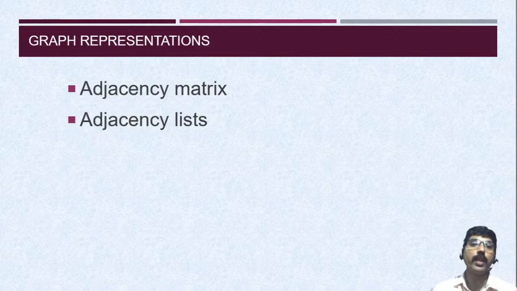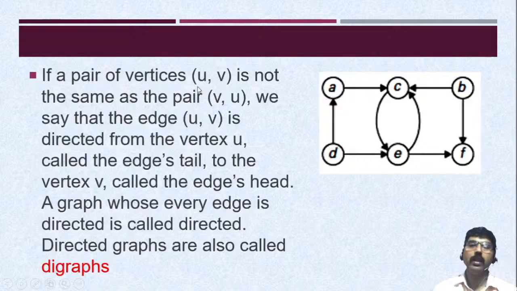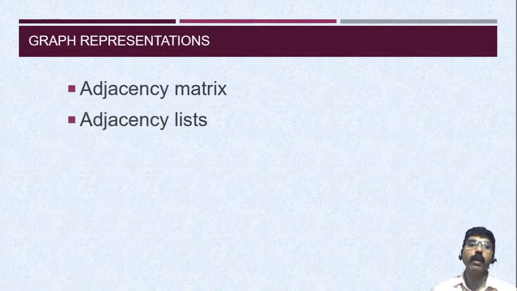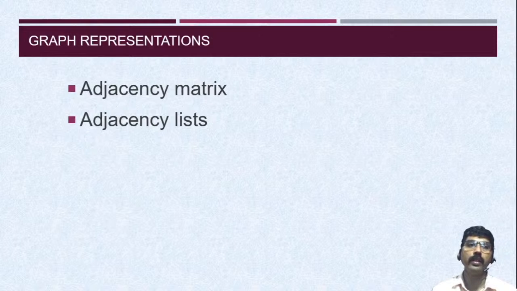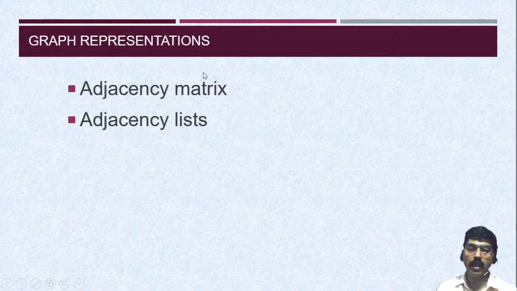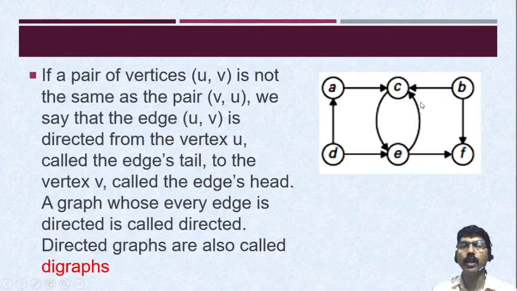Graph representations. This is a pictorial representation of a graph. But when we are implementing a graph in a computer, we have to convert it into a particular format called a graph representation, because the computer cannot understand this picture.